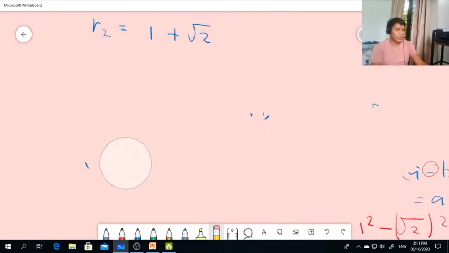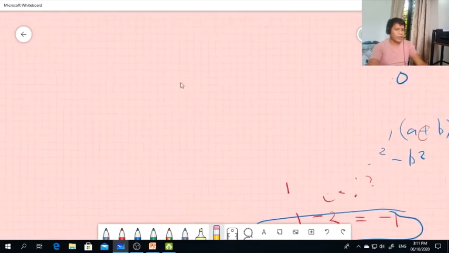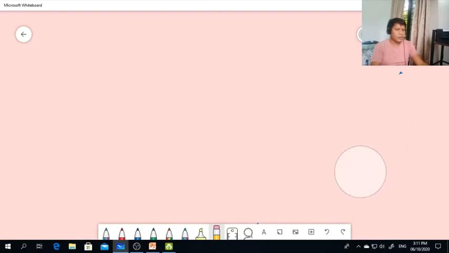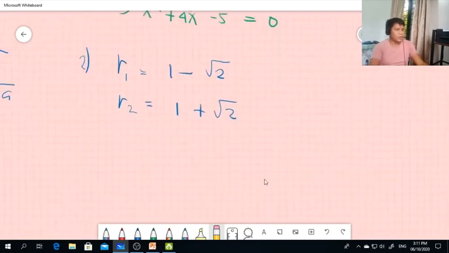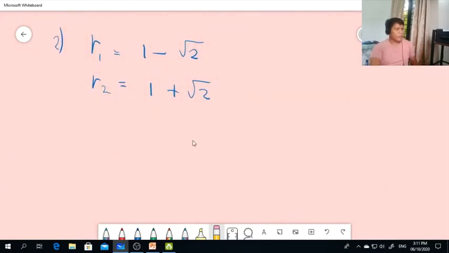Let me erase the solution first so that I can show you how it's being done. So we go back to the problem. The given roots are r sub 1, equal to 1 minus square root of 2, and r sub 2, equal to 1 plus square root of 2.